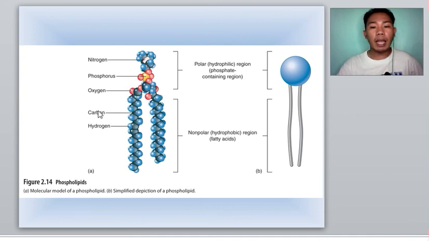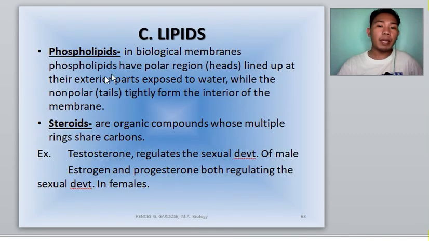On the other hand, we have the tail, which is the nonpolar region, and usually hydrophobic. That means it hates water, and it is made up of fatty acids. Phospholipids in biological membranes have polar regions, as I've said earlier, and the nonpolar tails tightly form the interior of the membrane.